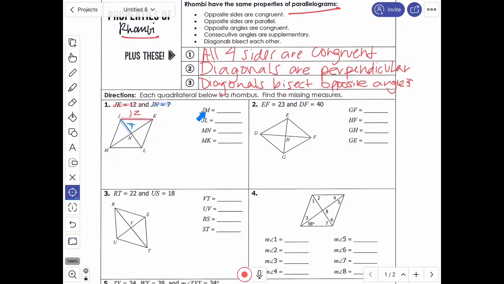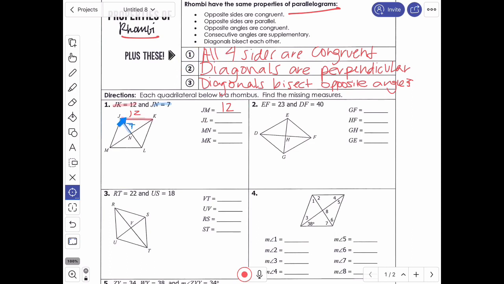So right now, if I want to find JM, JM is one of those outside sides of the rhombus. So JM is also going to be 12. JL. JL is this whole diagonal. Well, again, we know that the diagonals are bisecting each other.